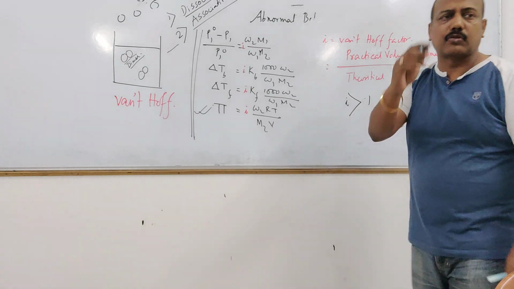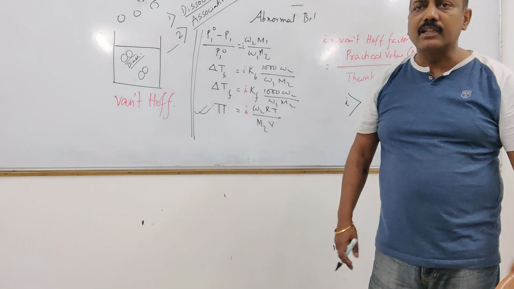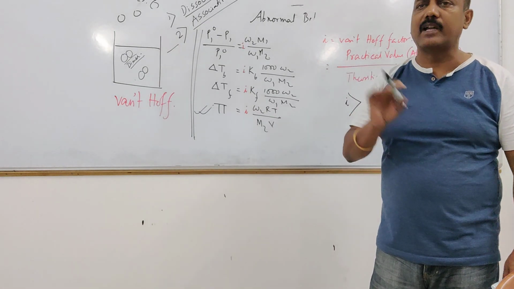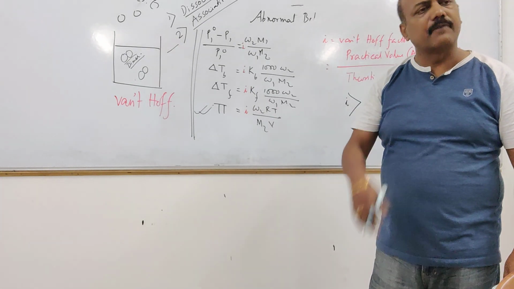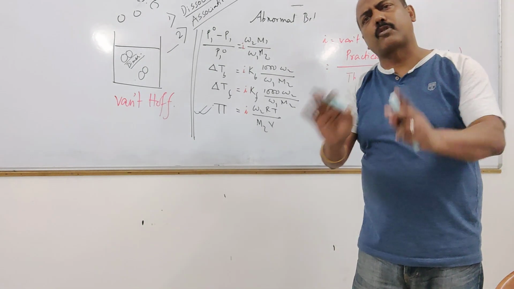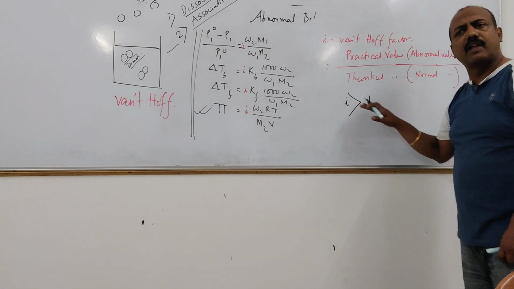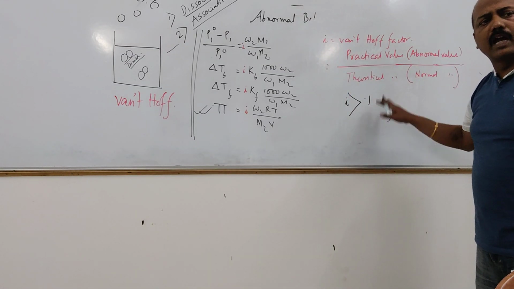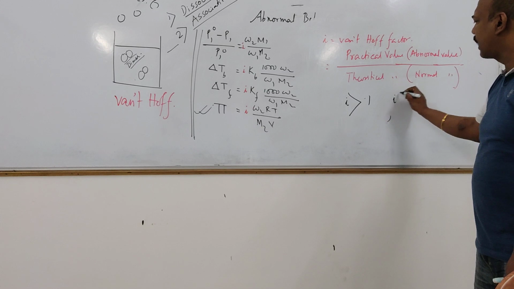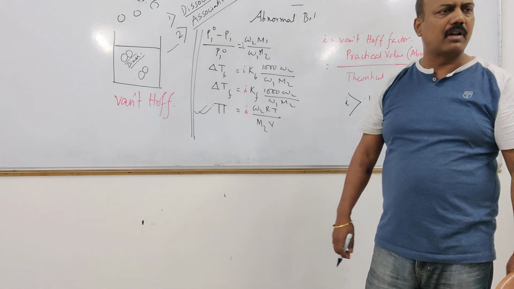If 100 molecules are taken and they break down to 150, the value of i will be 150 by 100, that is 1.5. If 1 is broken into 3, the value will be 3. Whatever it is, if it is broken down, the number will increase, and the value of i will be greater than 1. And if association takes place, the value of i will be less than 1.